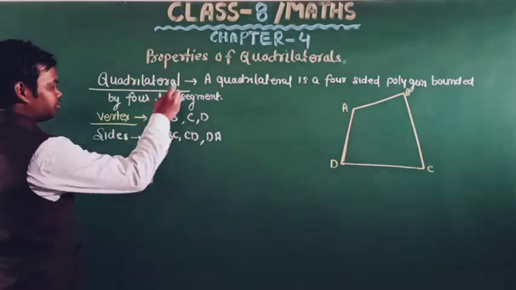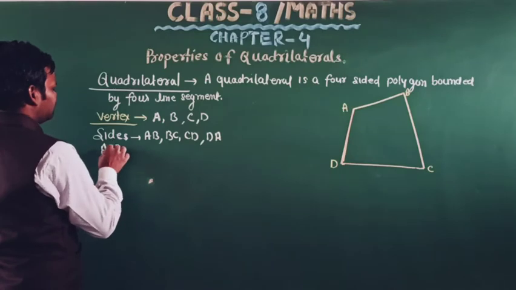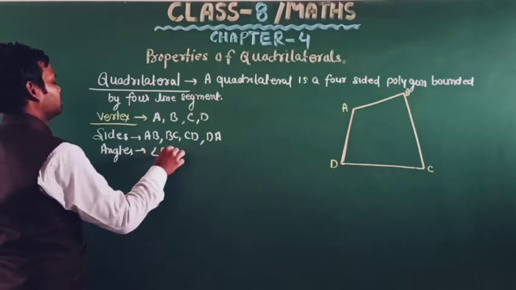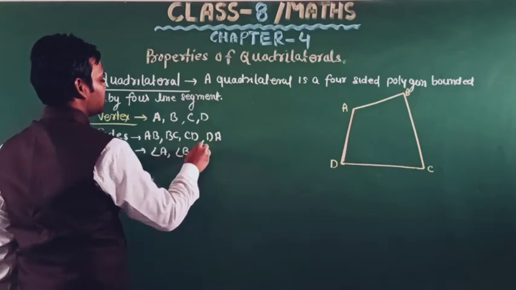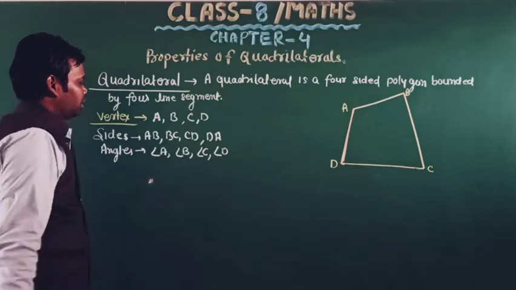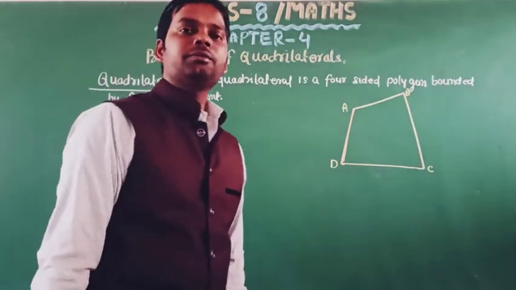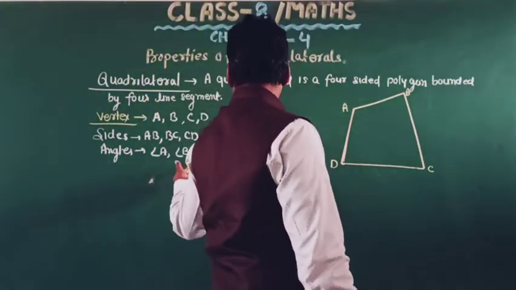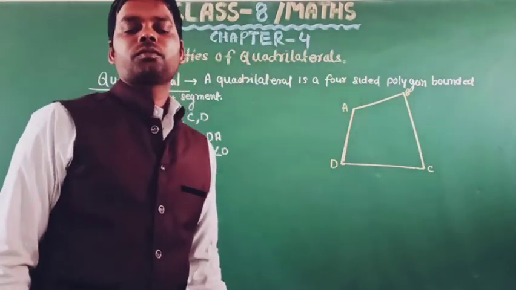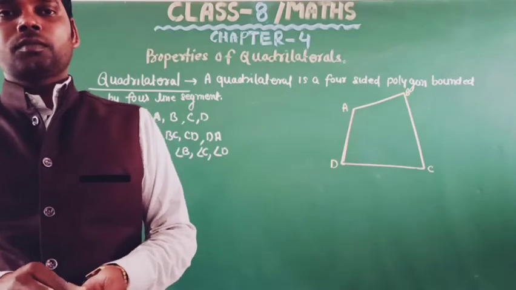Okay, so the angles are angle A, angle B, angle C, angle D. These are the angles of a quadrilateral.